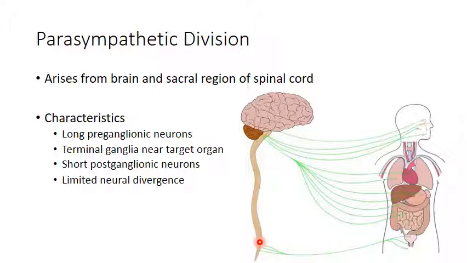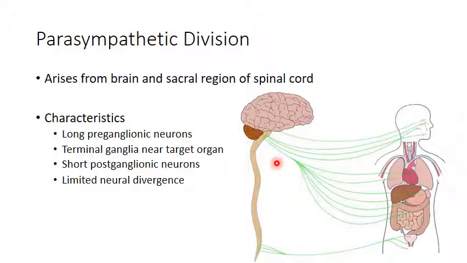So the neurosoma of our preganglionic fibers are going to be located either in the midbrain, the pons, or the medulla, or the sacral region in S2 through S4.